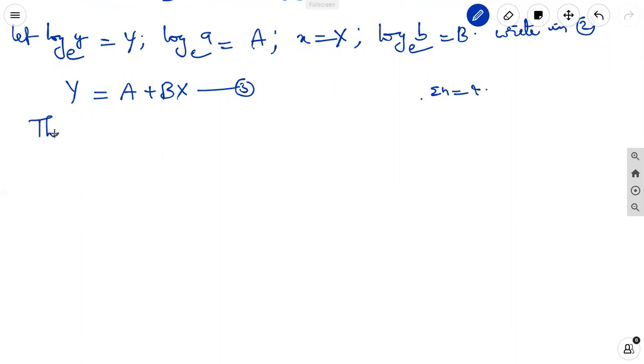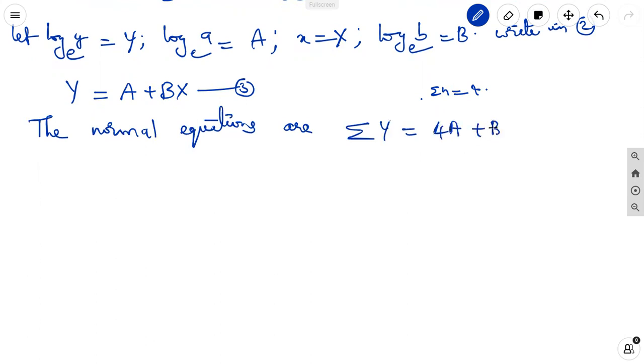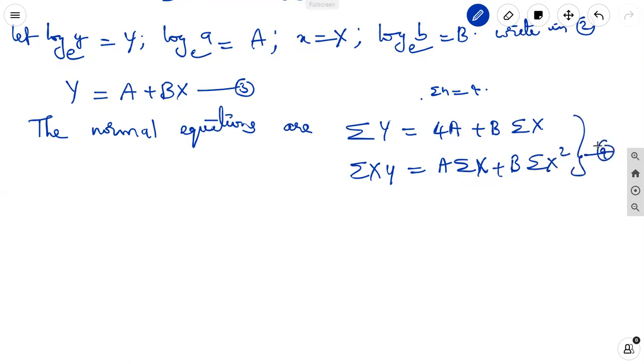So the normal equations are: sigma Y equal to 4A plus B sigma X. Sigma XY equal to A sigma X plus B sigma X square. It is equation 4. Okay. Now we can take the data.